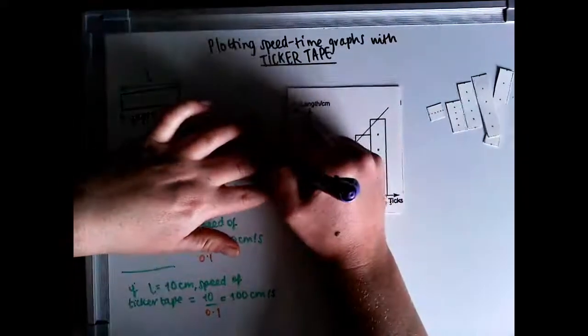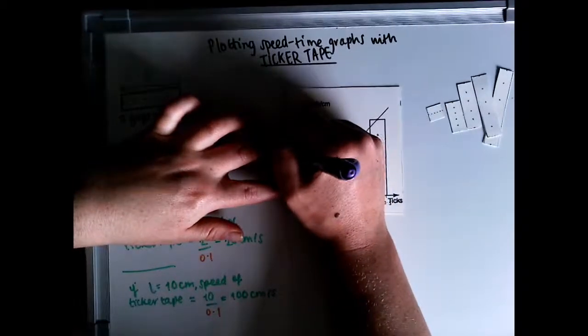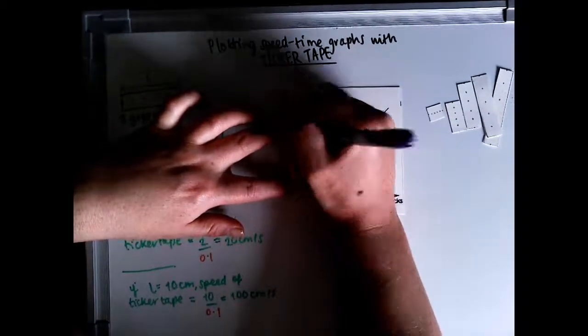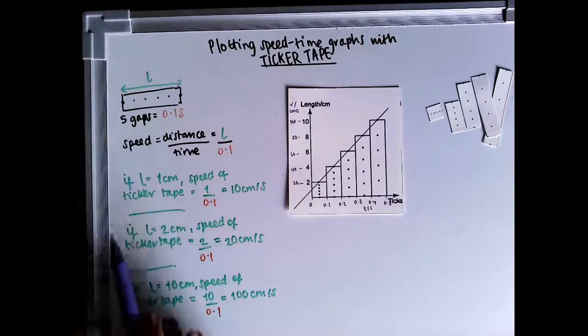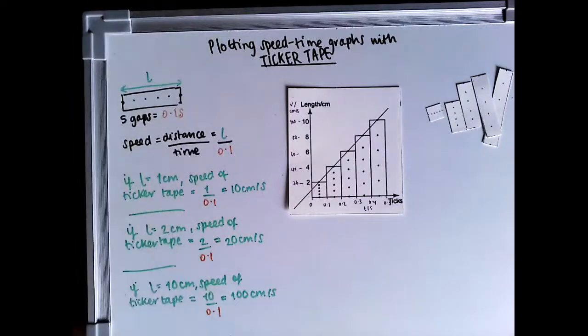So hopefully you can see I would have another axis that I could use. Okay, so a length value can be converted into a speed value because we've discussed that here. Okay, so now what we have is a speed time graph.